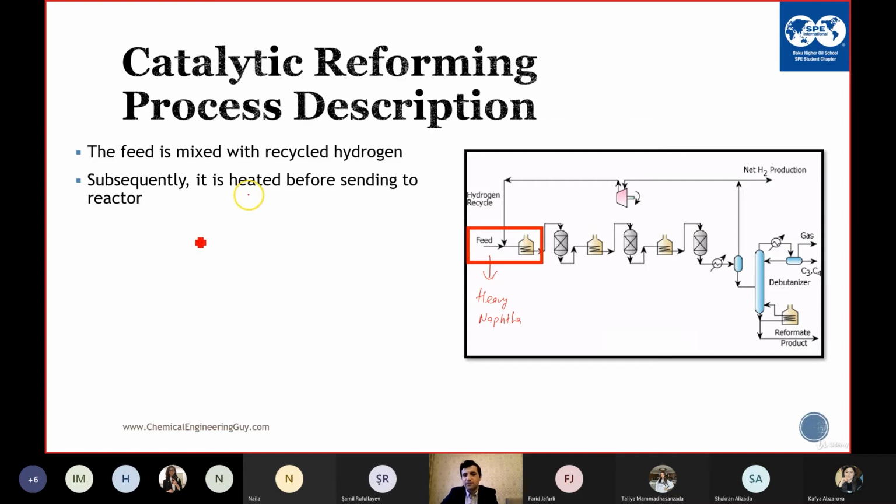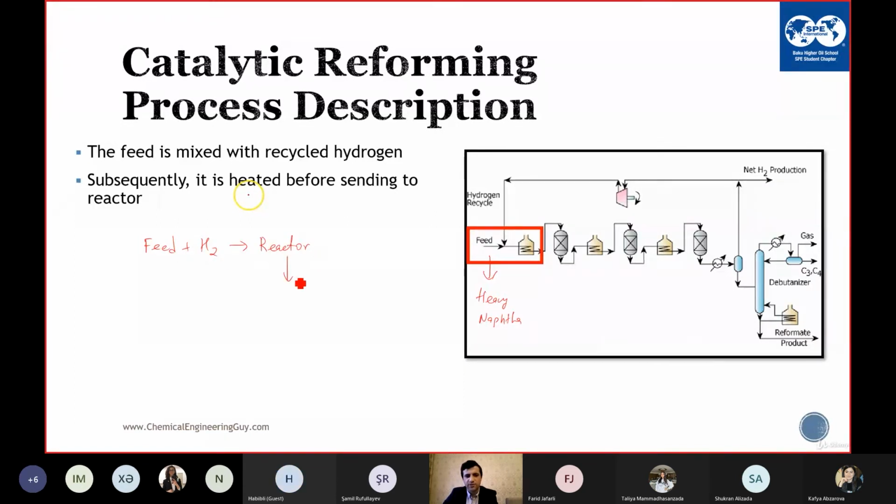You can ask, we produce the hydrogen in CCR, so why do we have hydrogen in the feed? Because we also have hydrogenation reactions in the reactor. That's why we add the feed plus H2 to the reactor.